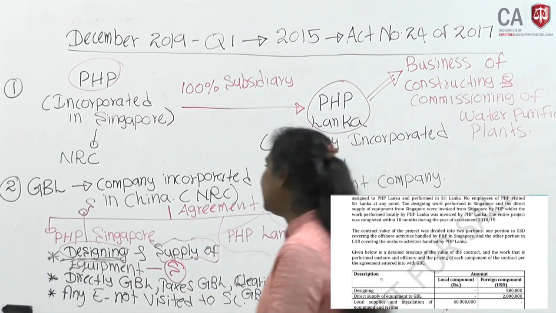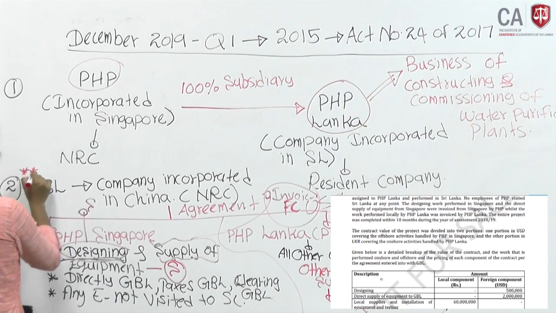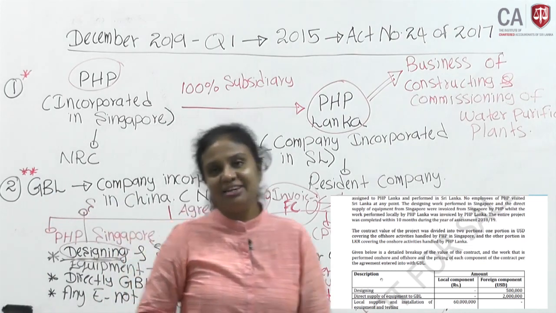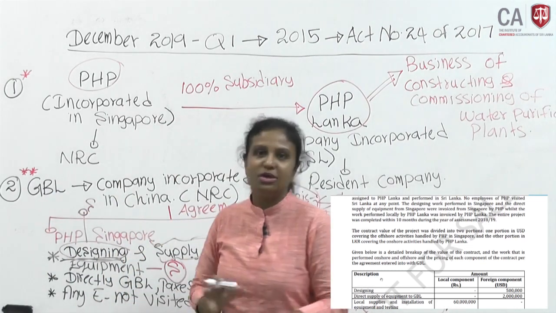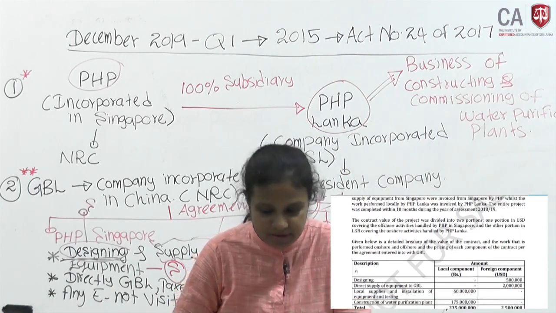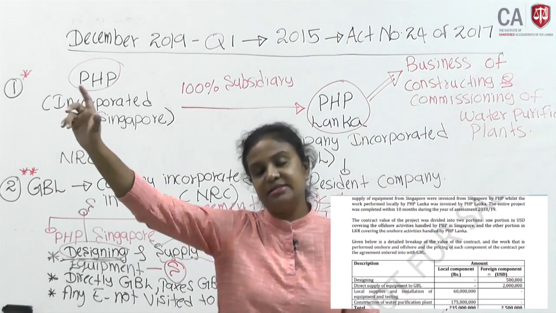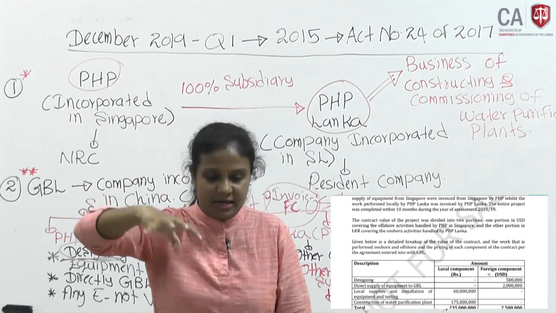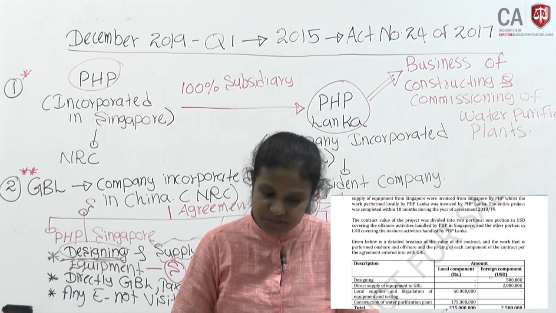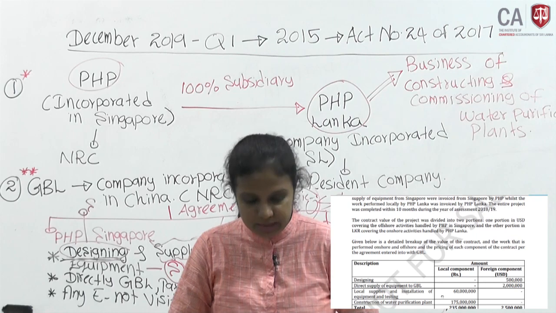Now my main thing, this is one requirement, so you cannot write one answer for both of these two. Then the details given: designing part, foreign, done in Singapore, is 500,000 US dollars. Direct supply of equipment to GBL is 2 million.